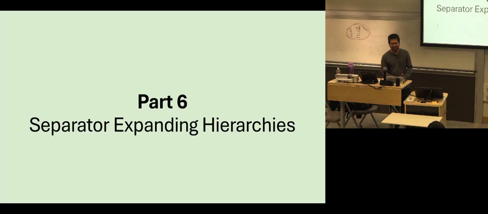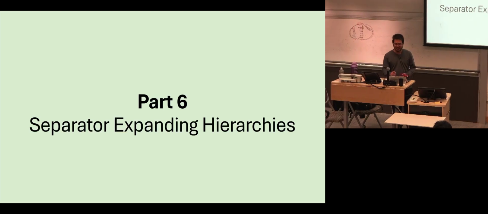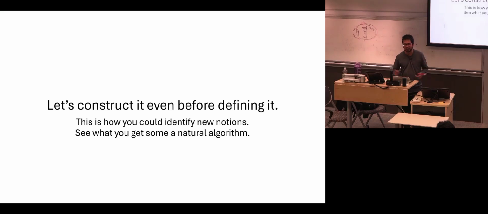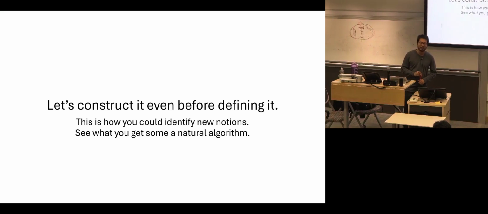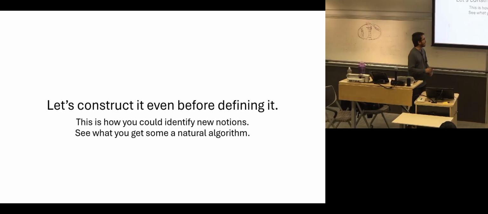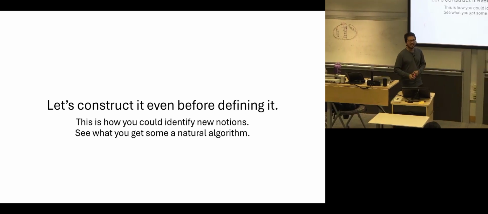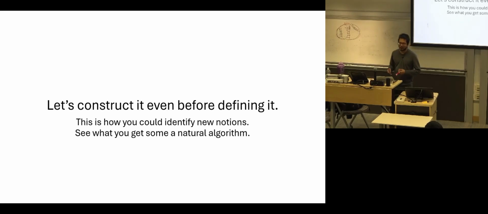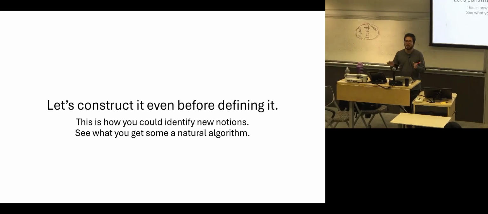And recall that now we go to hierarchy. So before I define it, let's try to construct it. I just want to do this as a showcase that sometimes instead of trying to define things, you can hope to define a good notion just by constructing it.